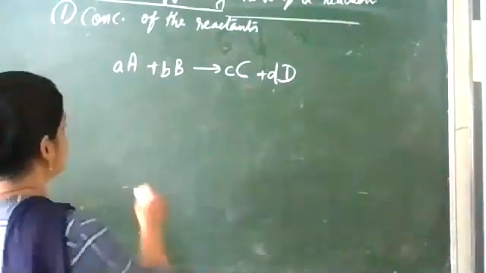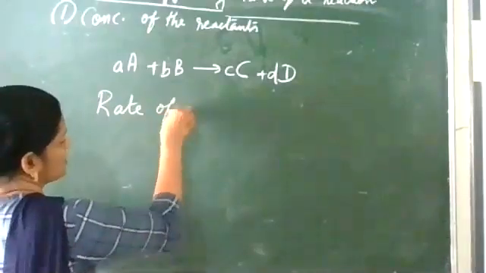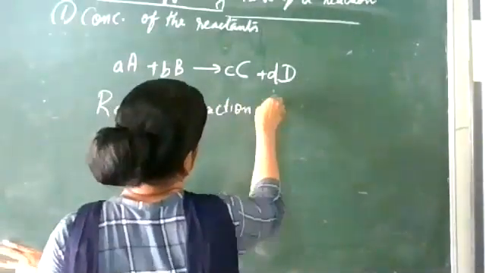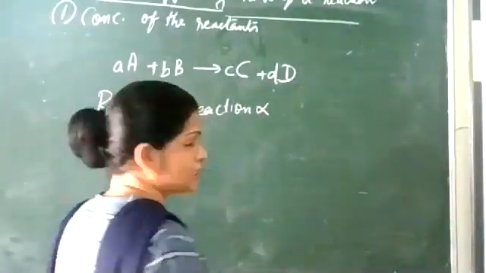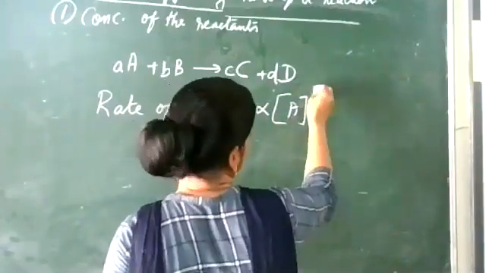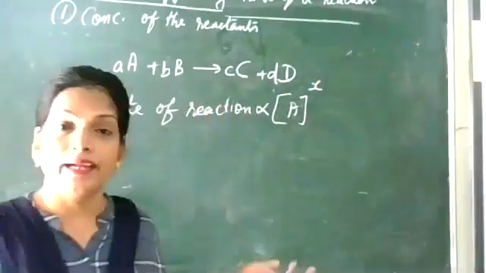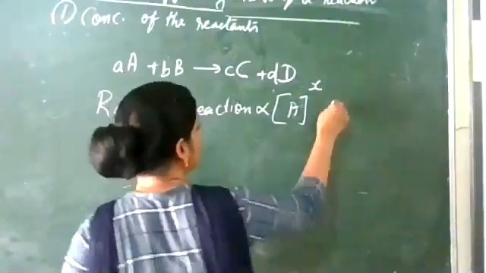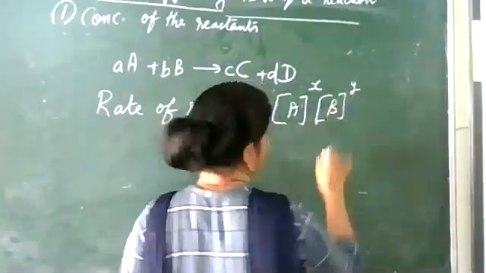So we say the rate of the reaction is proportional to what all things? The concentration of the reactant A to the power, not a, not the stoichiometric coefficient, but some other letter x, and B to the power y.